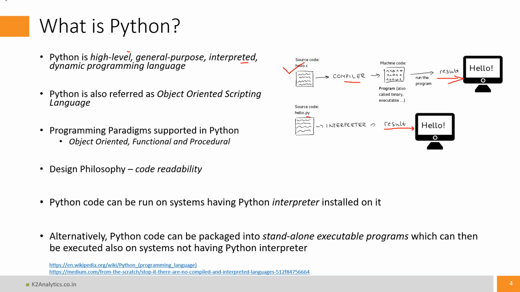The second element is Python is also referred to as an object oriented scripting language. The first thing is scripting. Typically the websites that we see when we open a web page, the page behind used to be typically HTML.